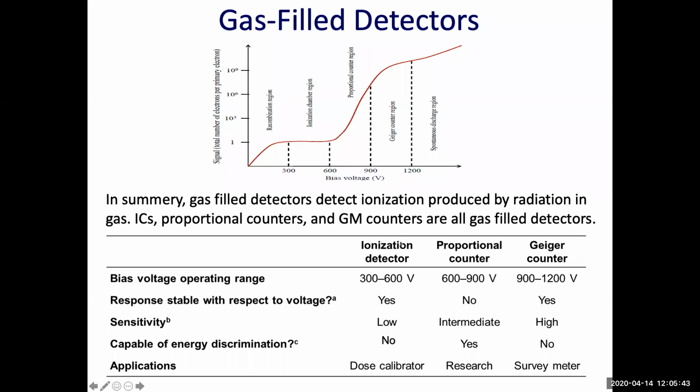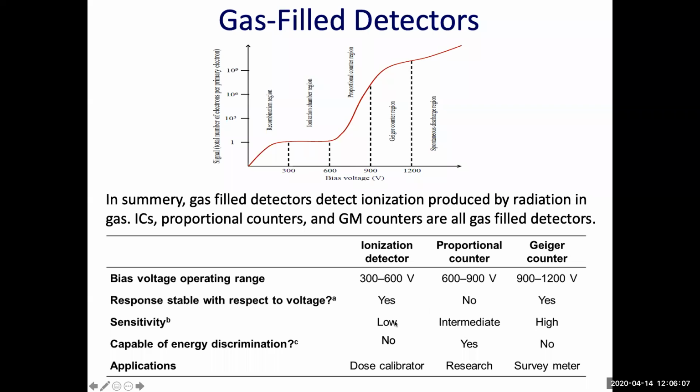You can see the ionization chamber at operating voltage 360; increasing the voltage you get to the proportional counter region, 600 to 900; and increasing further you get to the Geiger-Müller counter. Response is stable for the ionization chamber and the Geiger counter, because a slight increase in voltage will not affect the output signal.